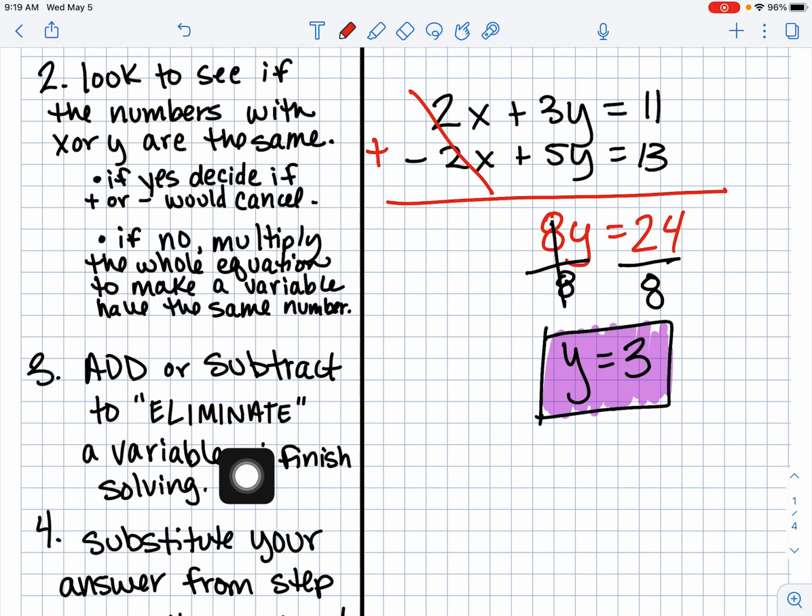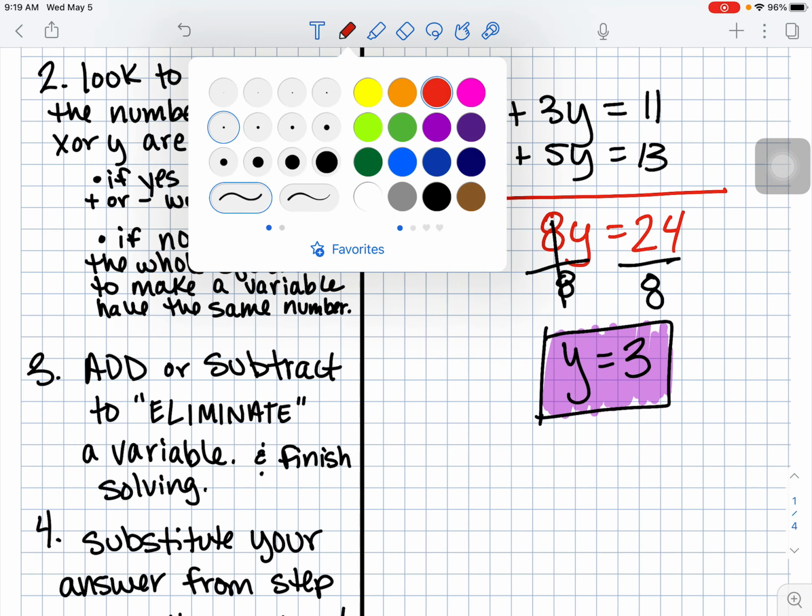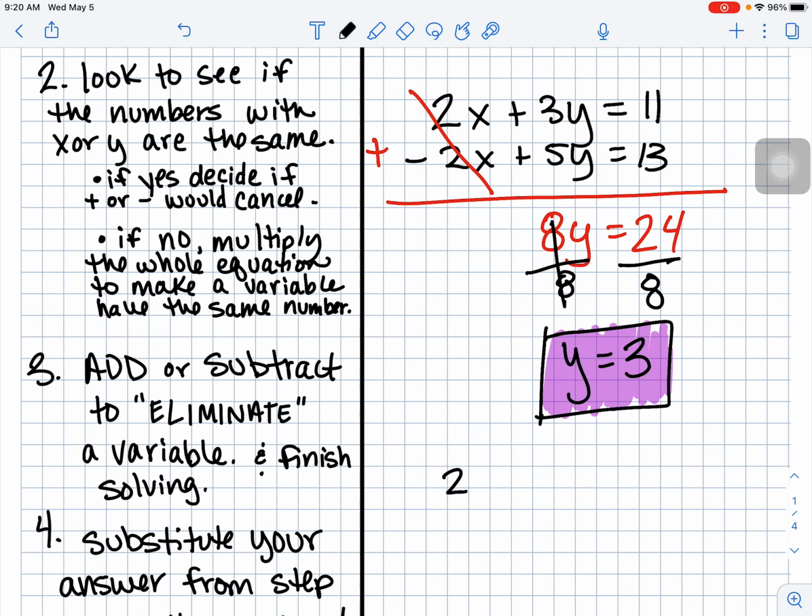All right. So now we're going to do step 4, which is now we know what y is. I'm going to plug it into either the top equation or the bottom equation. It doesn't make a difference, but I'm going to plug it into one of the original equations. So let's go with the first one. 2x plus 3y equals 11.